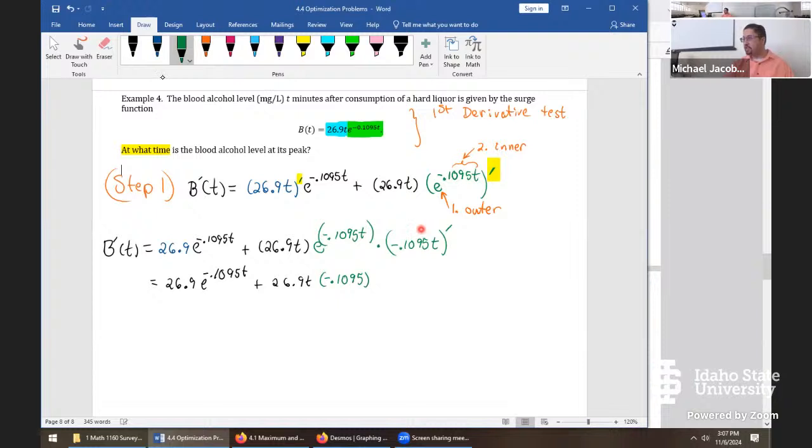That's the value we get after differentiating. And all that's left over is that exponential once more. E to the power negative 0.1095t.